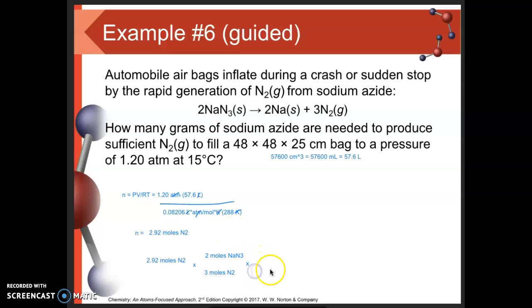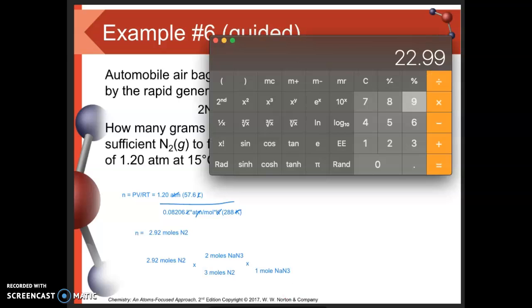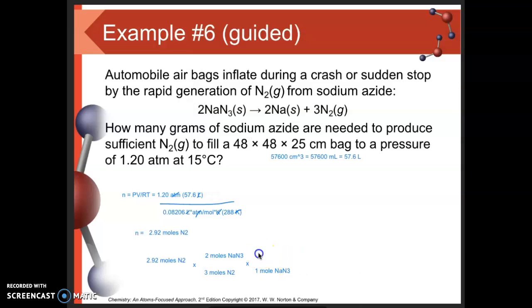And in my last step, 1 mole of sodium azide is 22.99 plus 14.01 times 3, 65.02 grams.